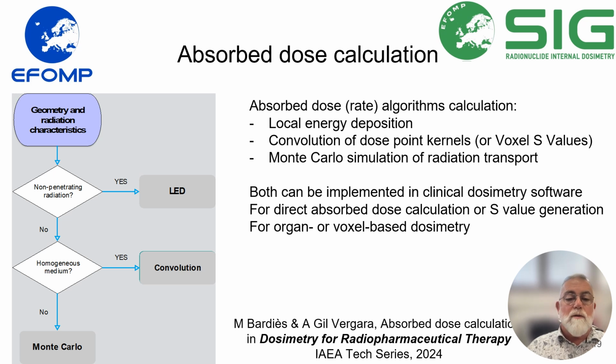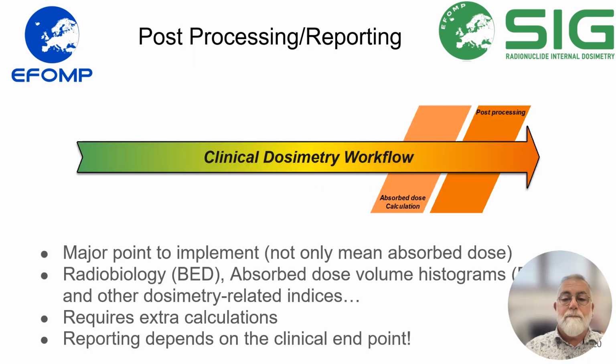If not, then you should better implement Monte Carlo. So these are the 3 types of algorithm. Again, they can be implemented in different clinical dosimetry software for model-based dosimetry, where you're going to use S-value that can be generated using those algorithms, or for image-based, organ voxel-based dosimetry.